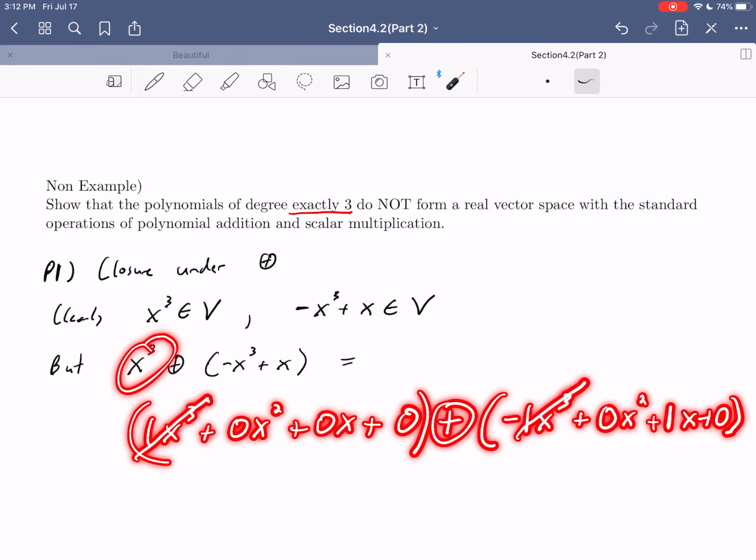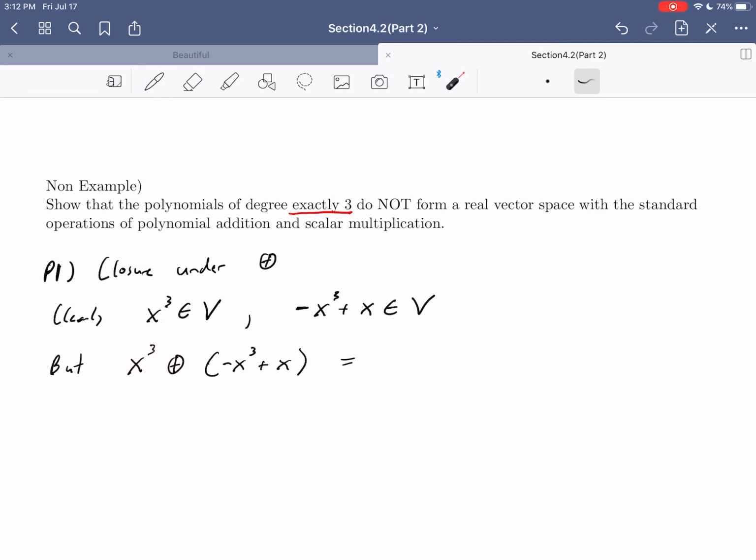These, of course, would cancel, but we would end up with a 1x, right? Because we're just using standard polynomial addition. So this would be equal to x. But notice, x is a degree 1 polynomial. It is not degree exactly 3. So x would not be an element of V.